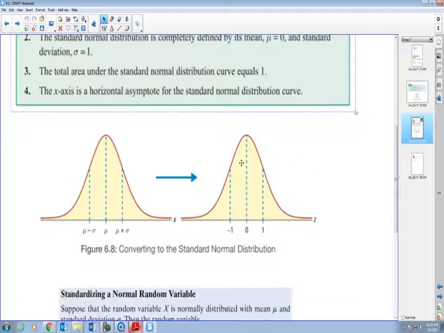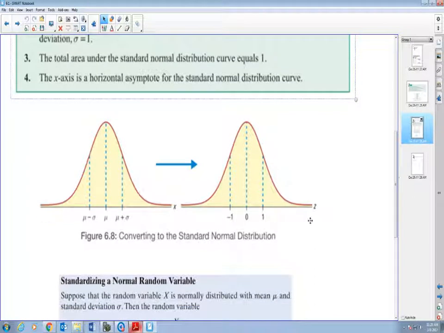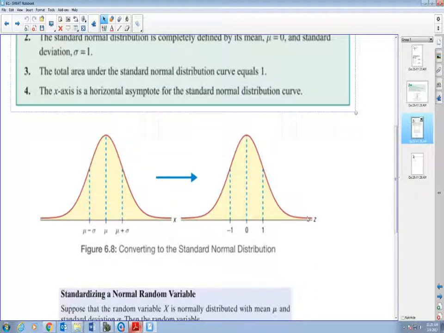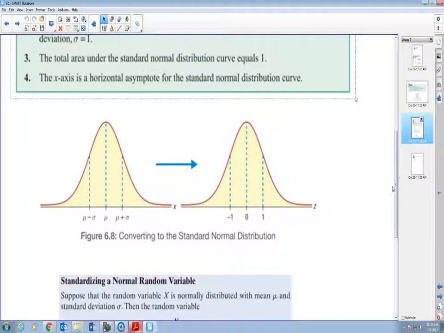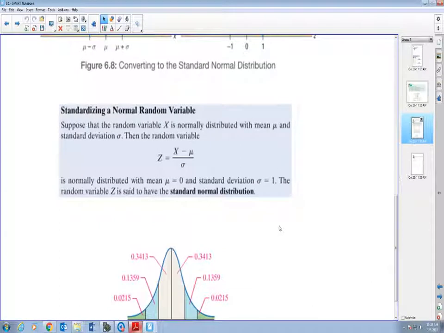And I believe I actually showed you something like this back in chapter 3 before. So we are trying to standardize every problem, make them into one type of x-axis, so we can easily look up our area under the curve or probability on the table or using the calculator.